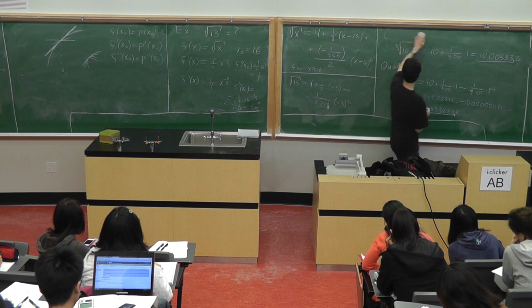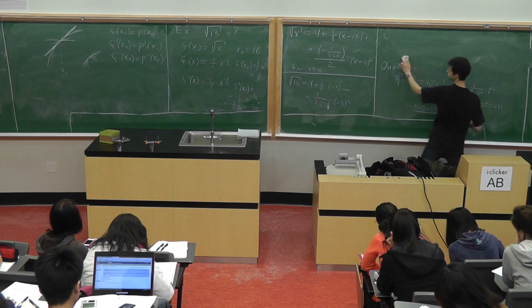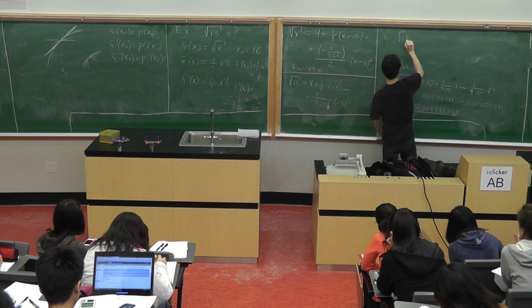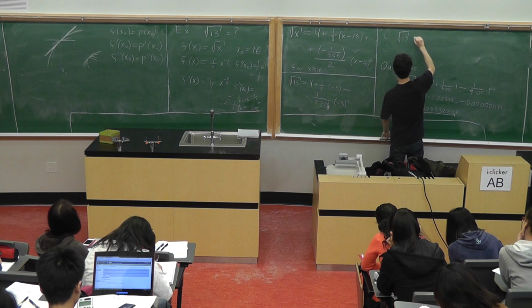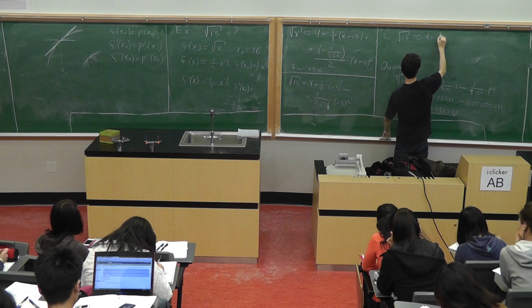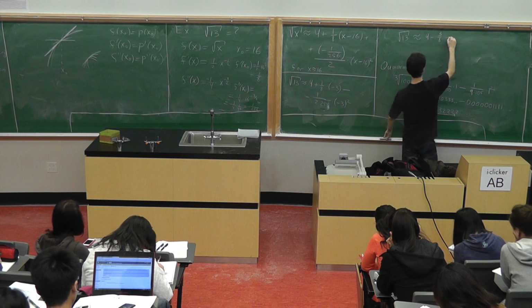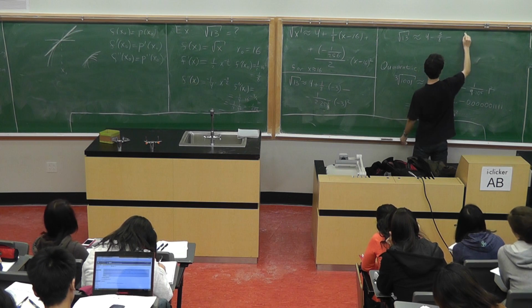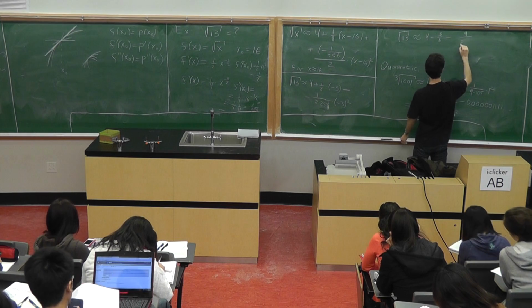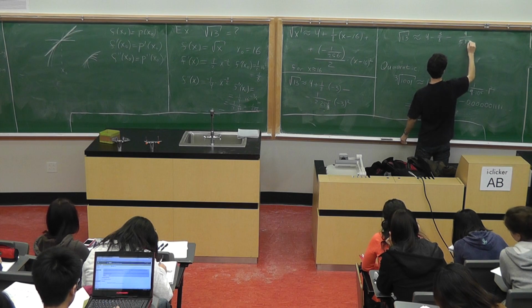So we get the following answer. Square root of 13 is approximately 4 minus 3/8 minus 9/512.